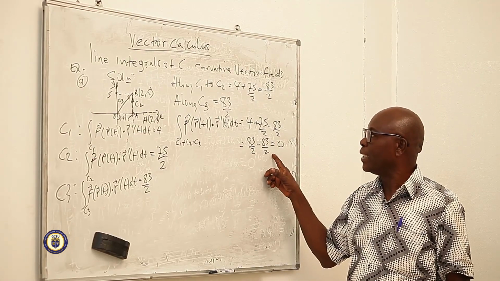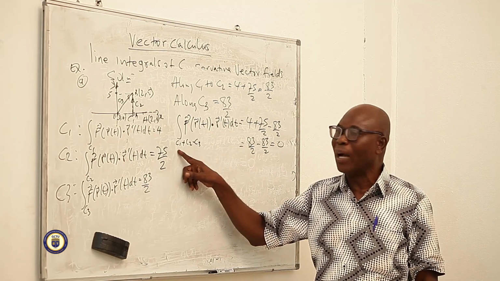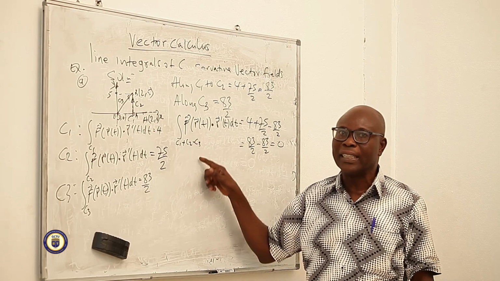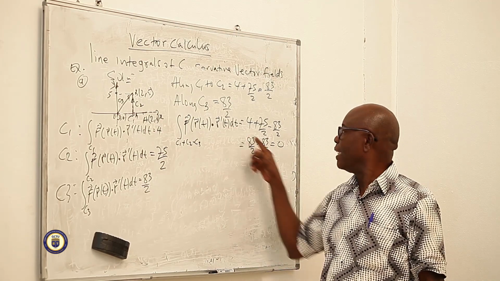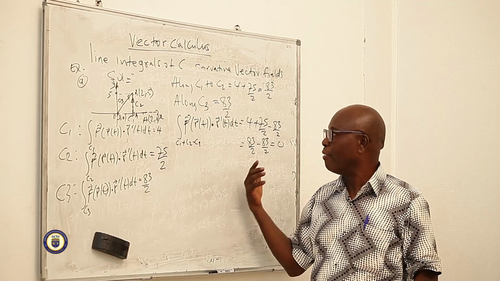After calculating, we saw that the line integral along the path C1, C2, and the opposite of C3, which is minus C3, gave us 0. And it's very interesting. How do we get the value 0?